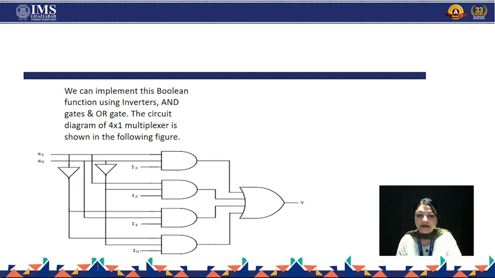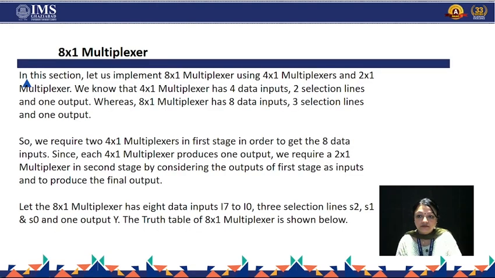This is the circuit diagram of the 4 into 1 multiplexer. Now an 8 into 1 multiplexer has 8 inputs and 1 output.